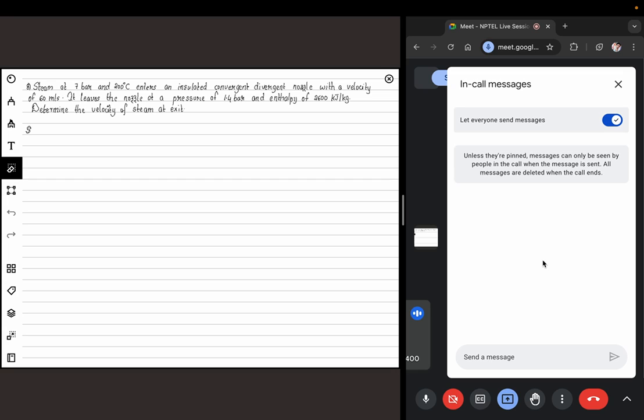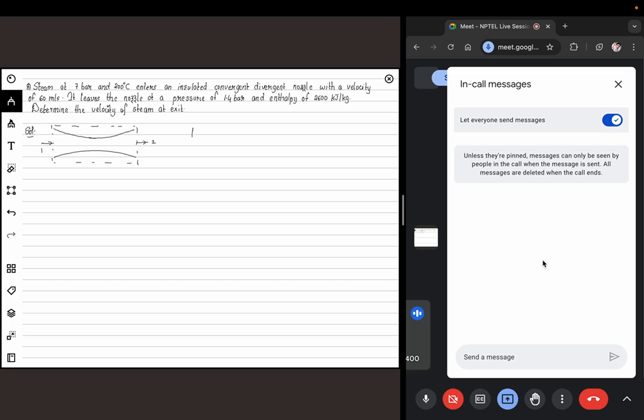So what do I mean by a convergent-divergent nozzle? You have something like this. This is your converging part and this is your diverging part. This is your boundary.